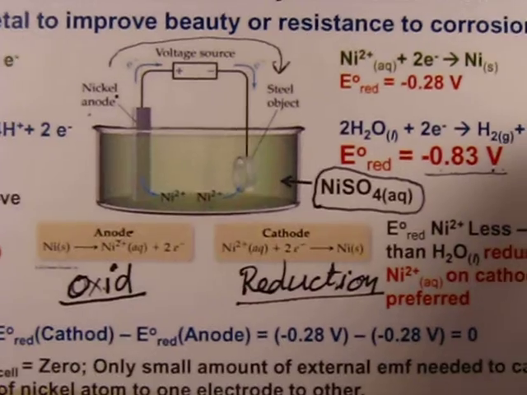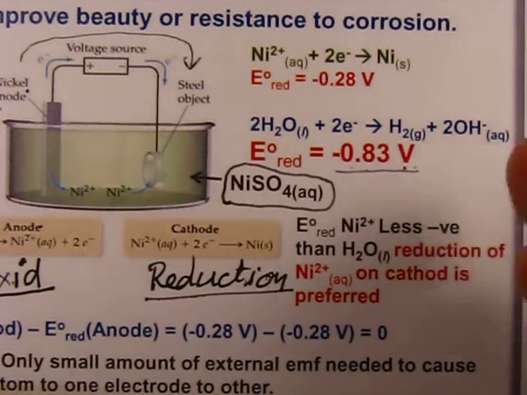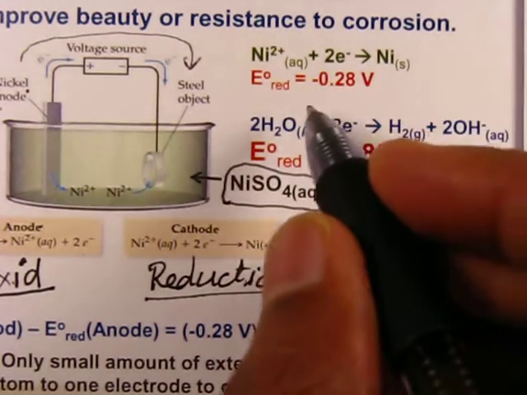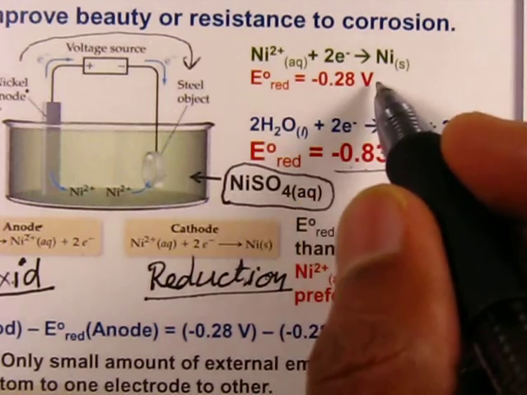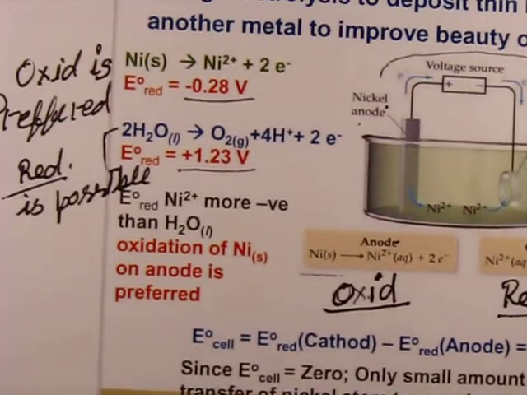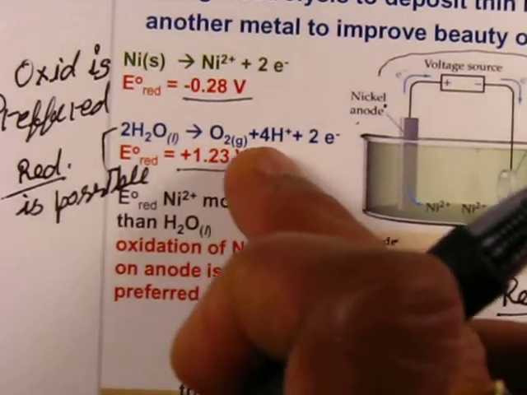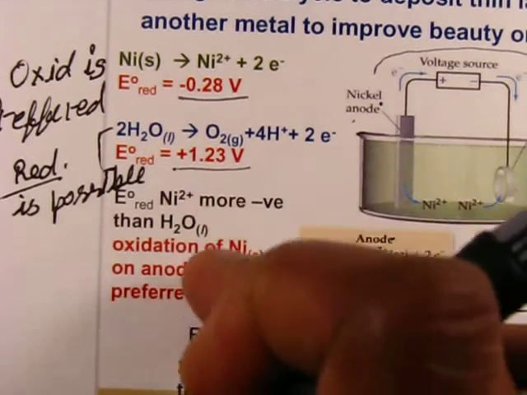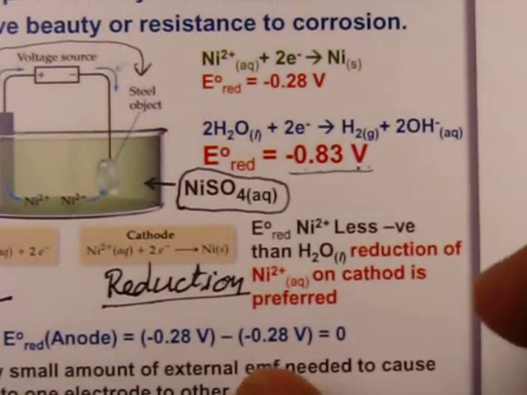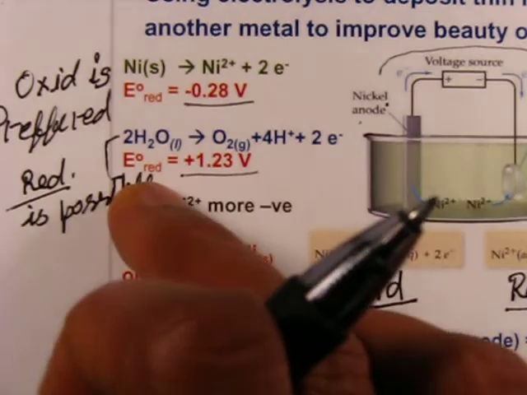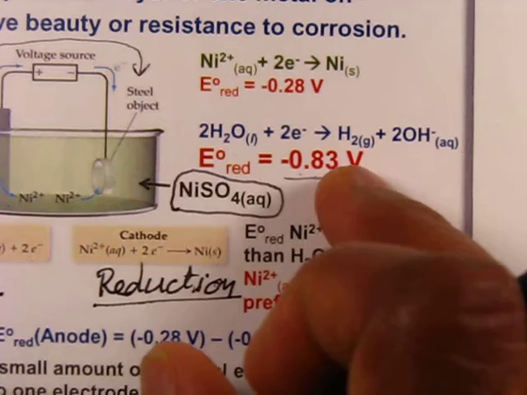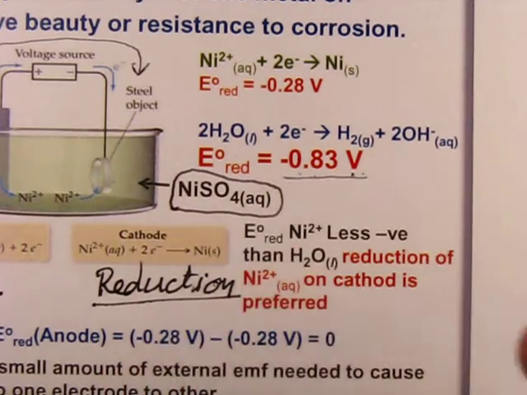Let's compare the nickel and water. Nickel reduction potential, as we have seen, is minus 0.28 volt, and for water, the oxidation reaction is given here, and water reduction potential is minus 0.83 volt to produce hydrogen.